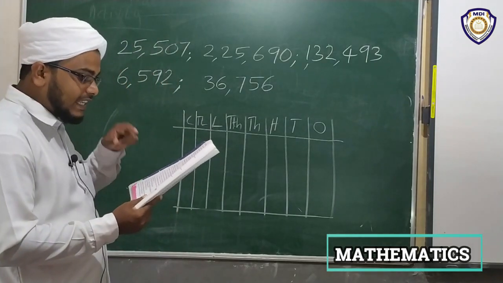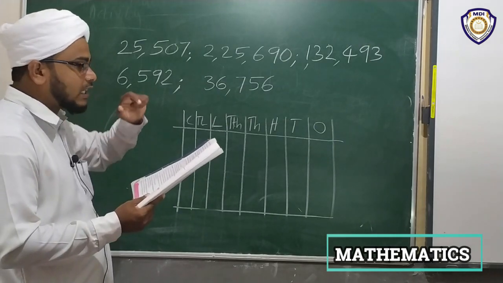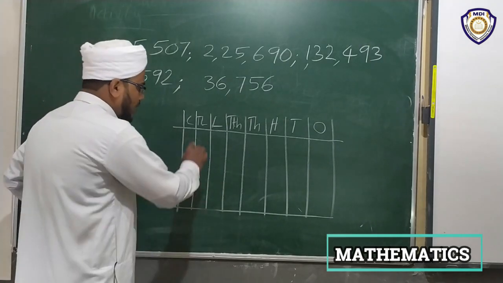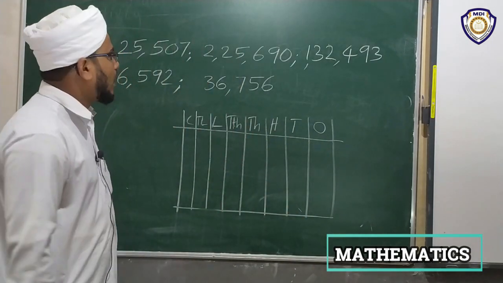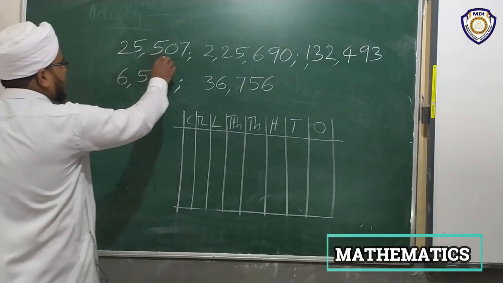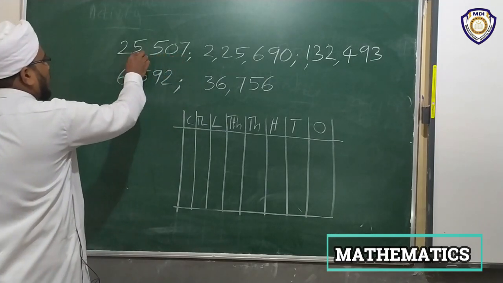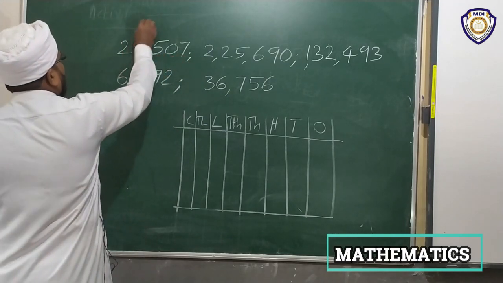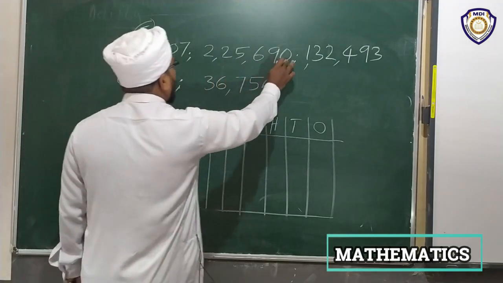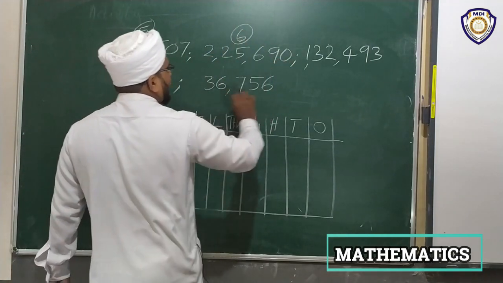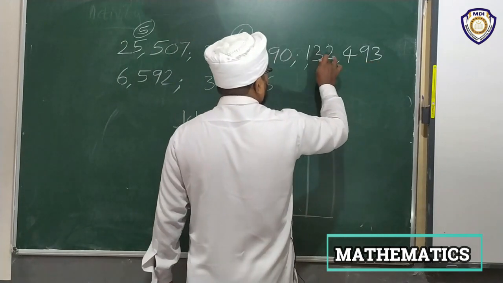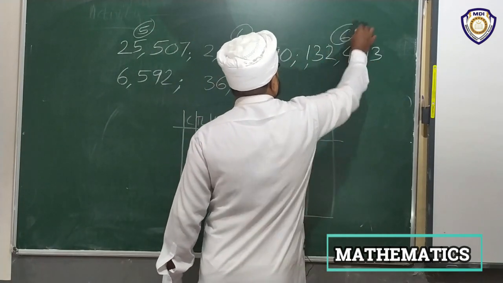The number with the least number of digits is written at the top first. At the top you have to write the number with the least digits. Here how many digits are there? 1, 2, 3, 4, 5: 5 digits. Here 1, 2, 3, 4, 5, 6: 6 digits. Here 6 digits.